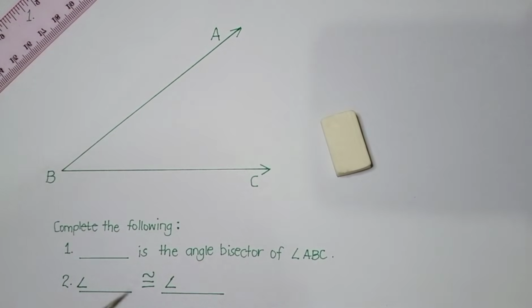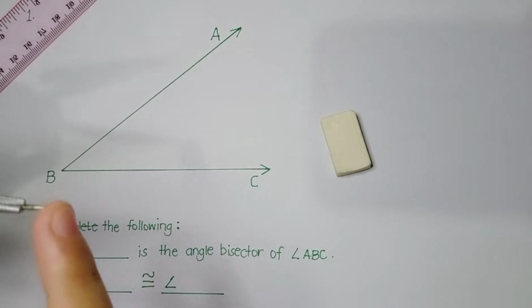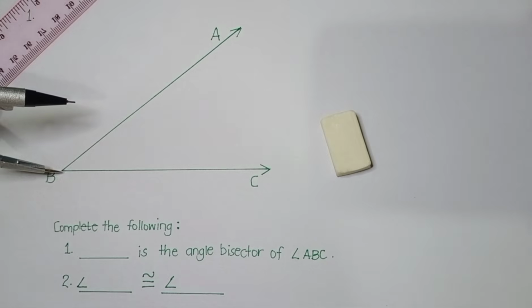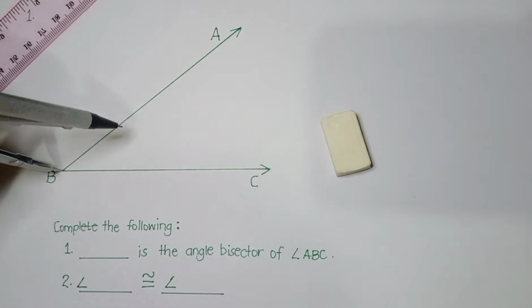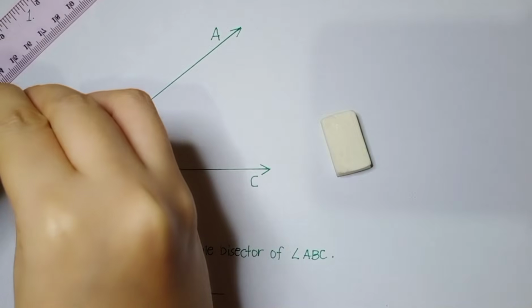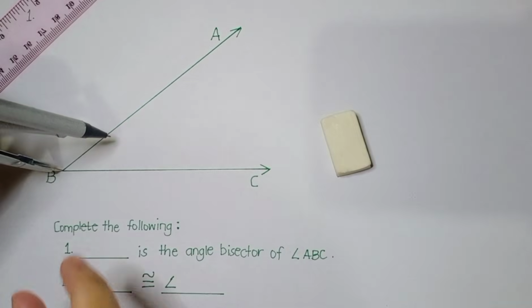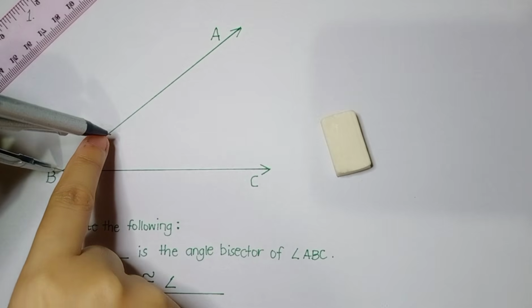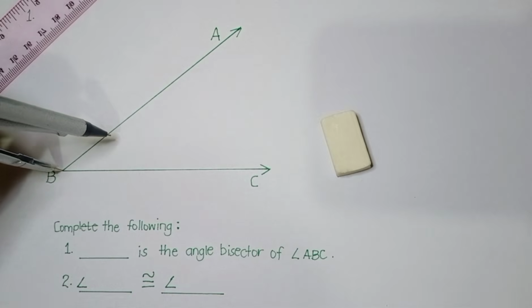Ang compass po is, eto po yung ating center point. So, yung center point, ilalagay nyo po sa vertex. Okay? And then, nasa inyo kung gaano kalaki yung radius. Pag sinabi nating radius, yung distance ng center point dun sa pencil point mo. Okay? So, yun po yung radius natin.